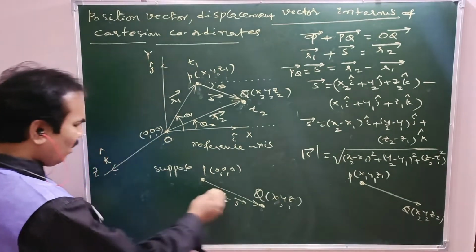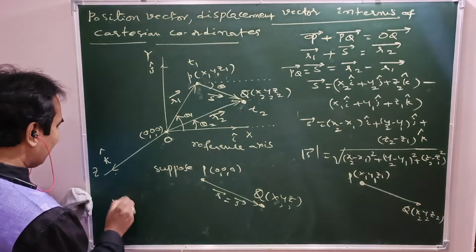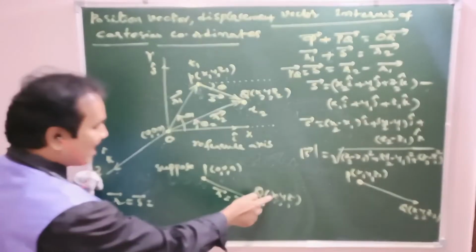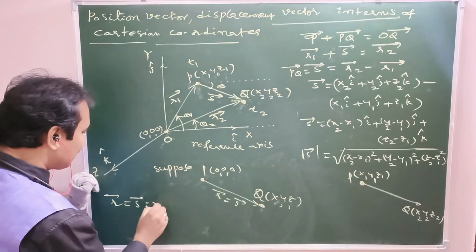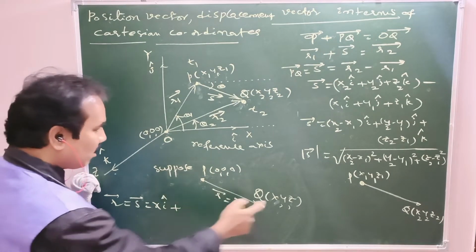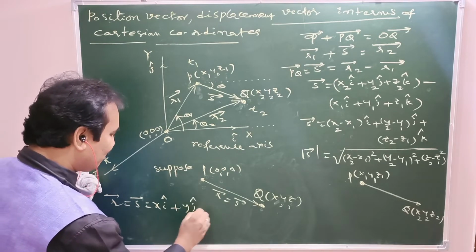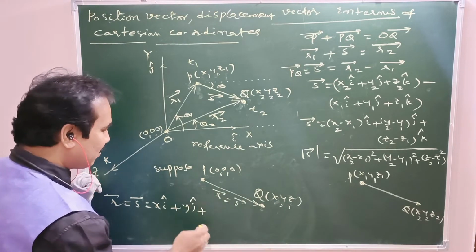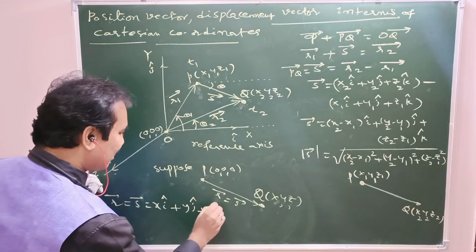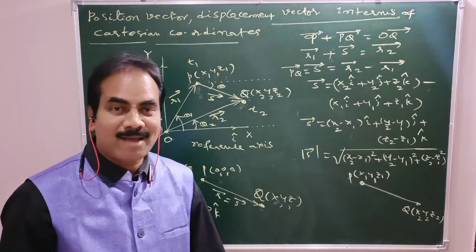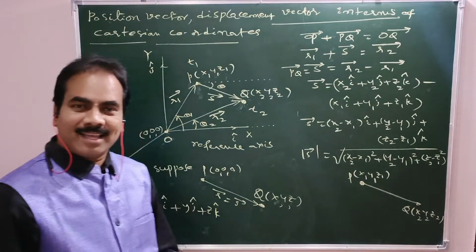Now r bar is equal to s bar is equal to (x minus 0) i cap, that is x i cap, plus (y minus 0) j cap, that is y j cap, plus (z minus 0) k cap, that is z k cap. So r bar equals s bar equals x i cap plus y j cap plus z k cap.